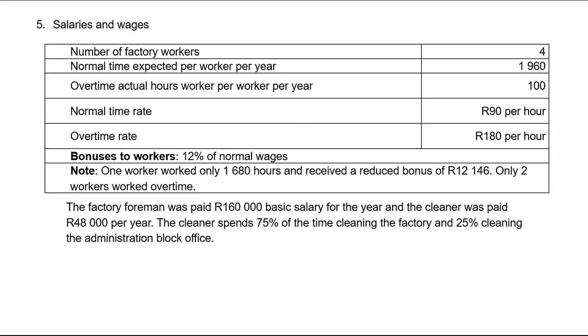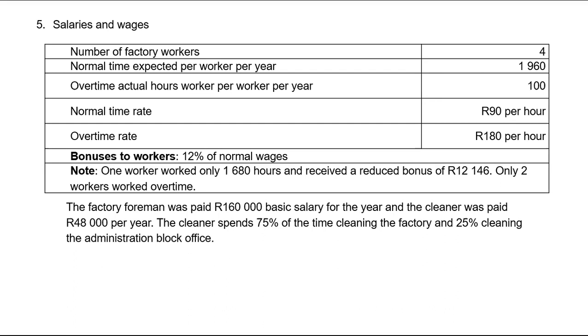Number 5 talks about salaries and wages. And the way they broke it down, they say that the number of factory workers is 4. Normal time expected per worker per year will be 1,960. Overtime actual hours per worker per year amounts to 100. And normal time rate is 90 Rand per hour. Overtime rate is 180 per hour.